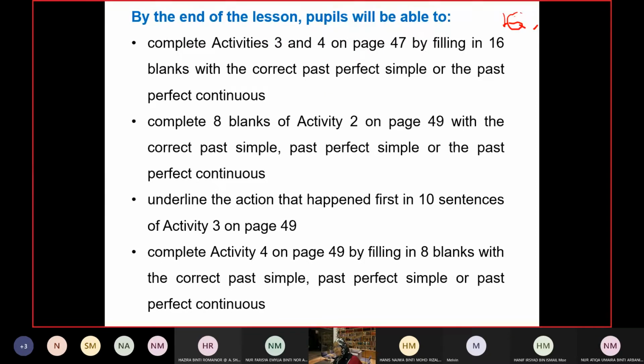The second one, you use past simple only. Alright, example. The car boot sale had finished by the time Wendy got there. Maksudnya perbuatan pertama yang terjadi adalah sale tu telah tamat. Baru Wendy tu sampai. That's why the first one you use past perfect simple.